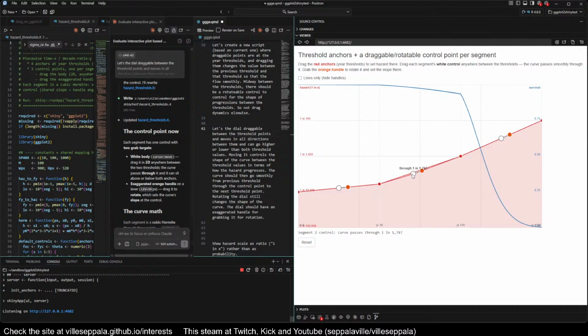So I can move this. There's two dots here now. Okay, there's one to control the slope. Oh yeah. This looks pretty cool.